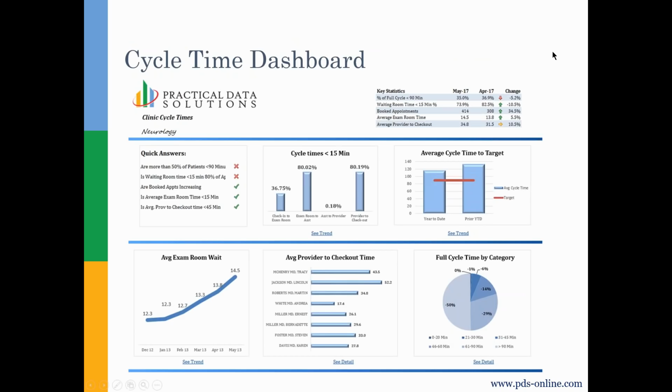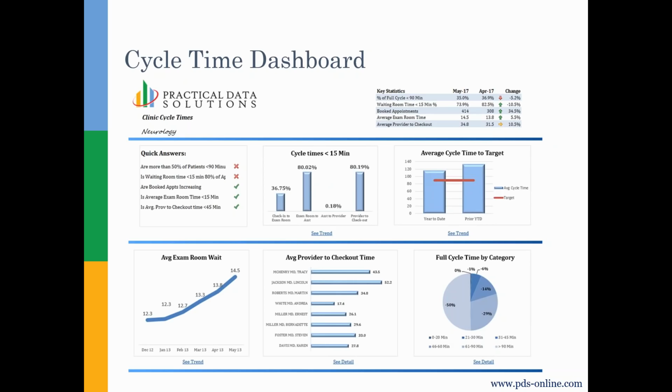And we've got an example of a cycle time dashboard where we can start to group up our wait time by area. So are the patients waiting in the waiting room? Are they waiting to see the provider? Or is the bulk of the time being spent with the provider? So we can group those up so we can focus on them in groups and then notice whether or not specific providers are spending more time with patients.